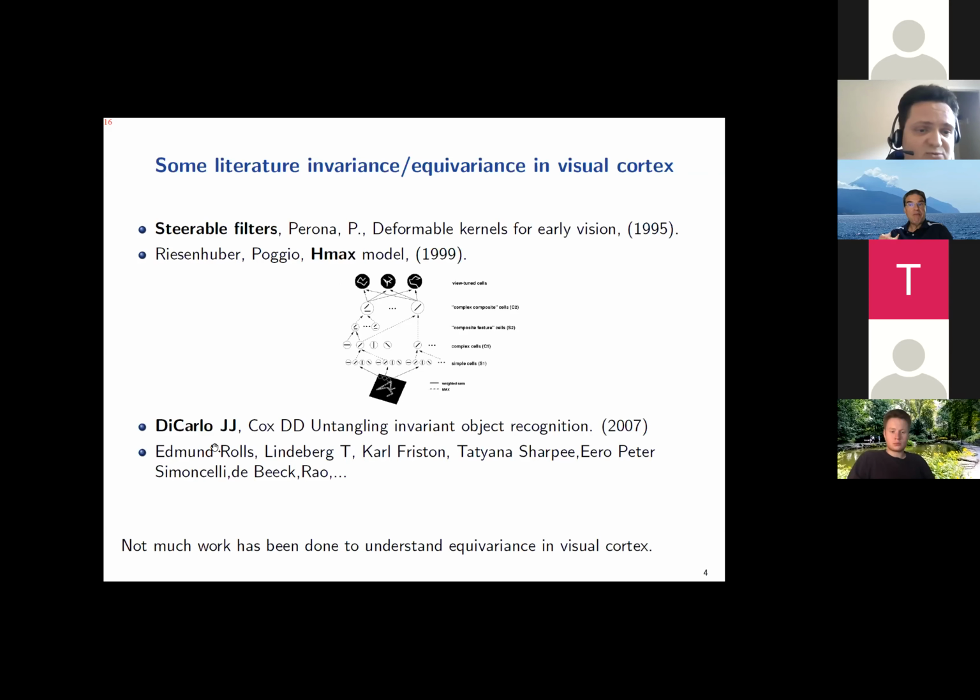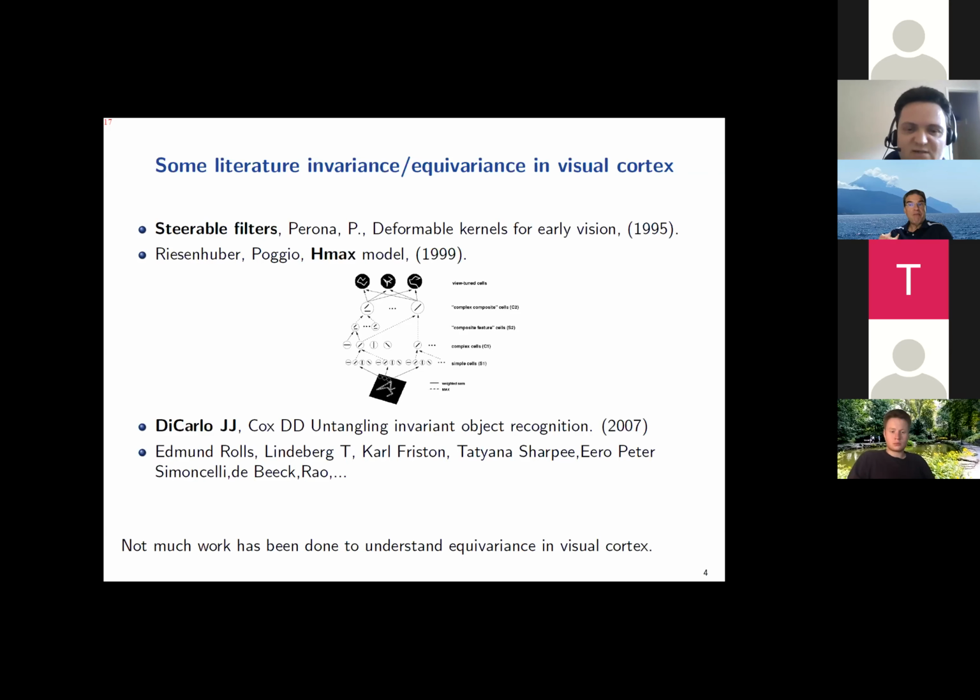And then I would like to remind you of the whole work of James DiCarlo at MIT, with or without neural networks, trying to understand invariant object recognition in the visual cortex, not only in early visual areas, but also in higher visual areas. And of course, there are many other people, such as Edmund Rolls, Tony Lindeberg, Karl Friston, and so on and so forth, whom I just mention here.